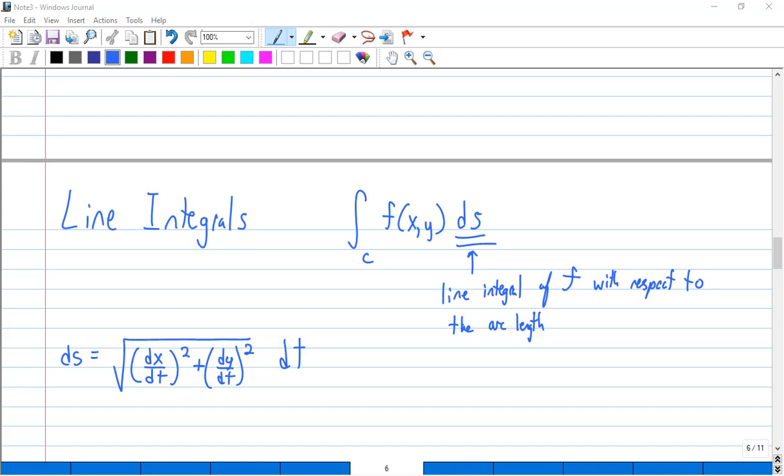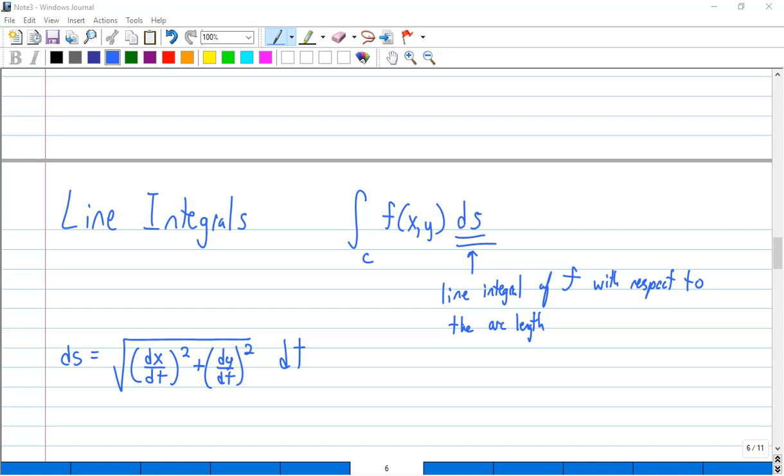The way that your book explains this, and you don't have to write this down, I'm gonna read some stuff out of the book now. It says to introduce the concept of a line integral, consider a mass of a wire of finite length given by a curve C in space.